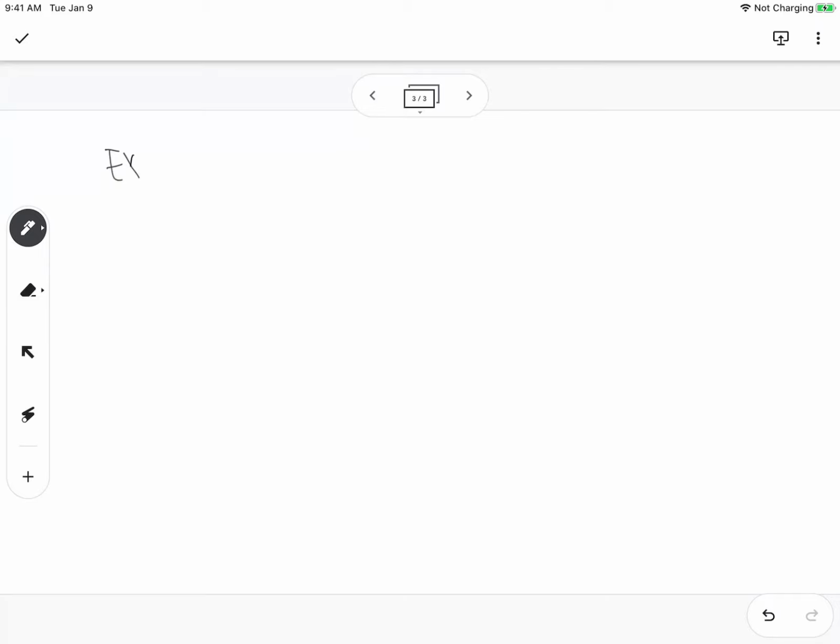So the best way to do that is to jump straight into an example. So I've got 3 times (x plus 1) to the 3/5, plus 1 equals 25. Okay, so this is a rational exponent equation, and sometimes they may give this to you written as a radical, like this.